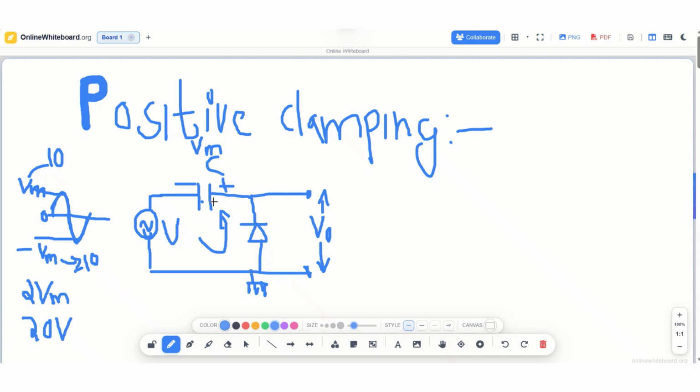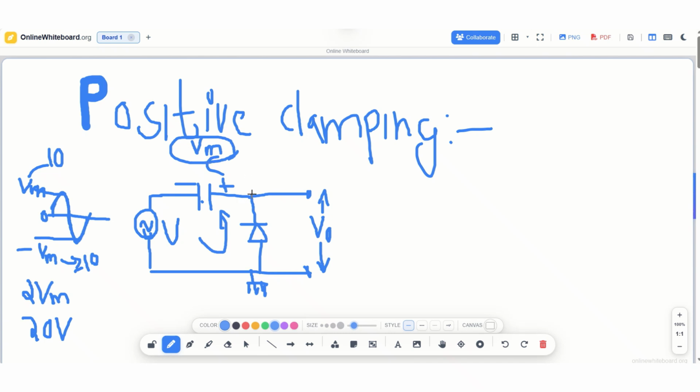The capacitor has the property that if it gets a DC voltage, it charges to the maximum voltage of the DC input. So during the negative half cycle of the input voltage, the capacitor charges to a maximum of Vm.